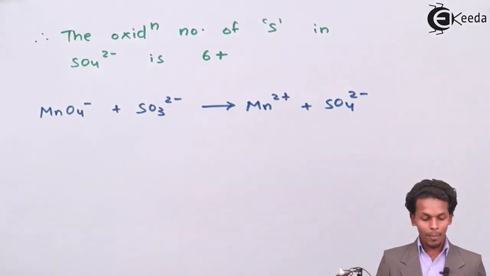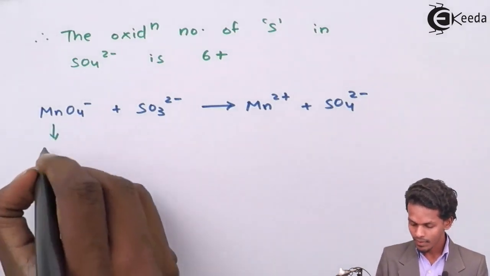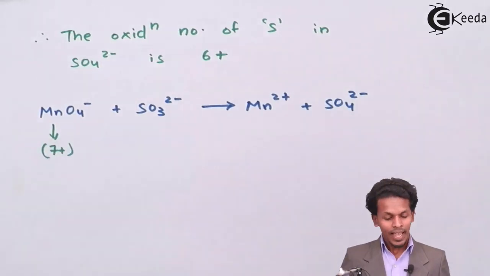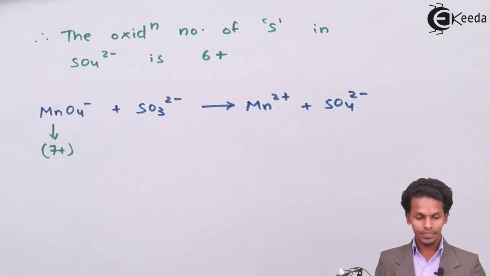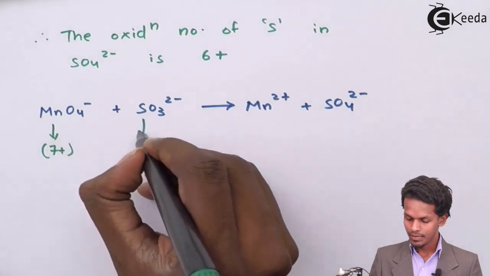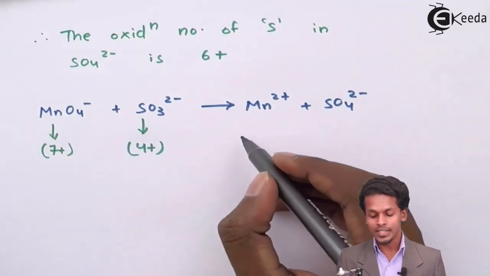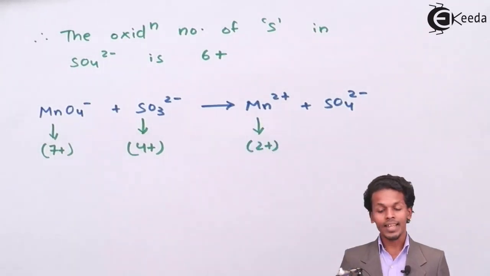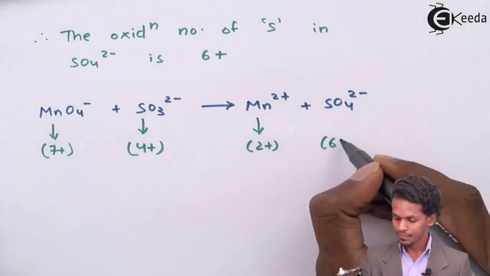So the oxidation number of manganese that we have calculated earlier was found to be 7 plus, and that of SO3 2 minus was found to be 4 plus, and that of Mn2 plus is nothing but 2 plus itself, and that of SO4 2 minus was found to be 6 plus.